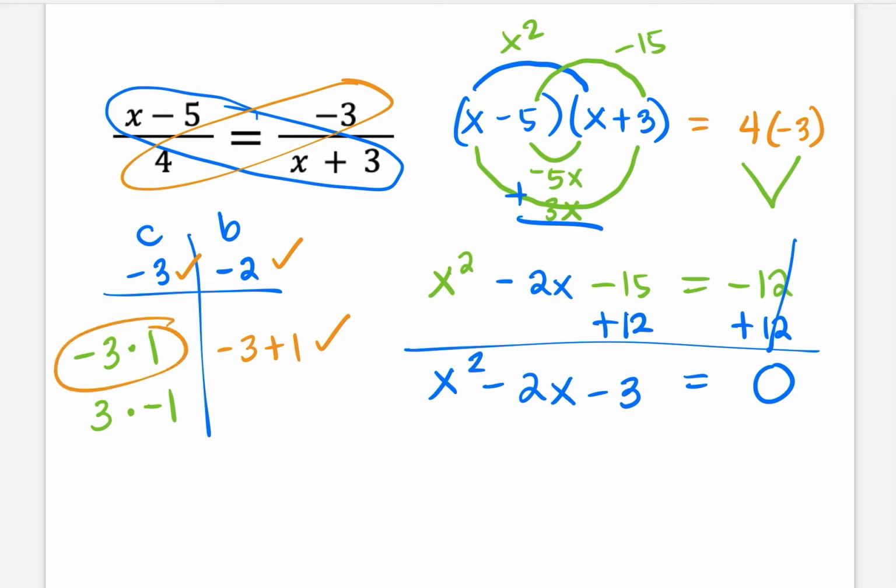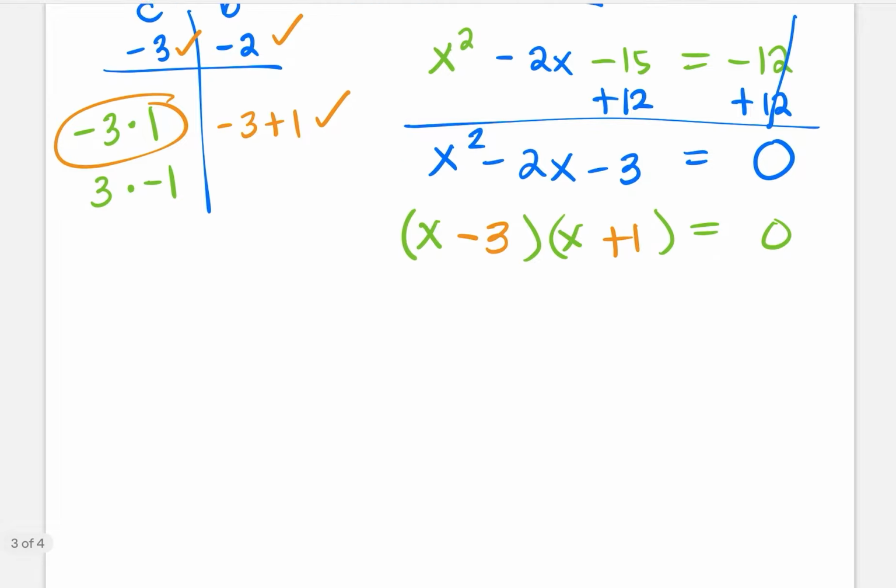So let's set up our equation, write it in the factored form. So that would be x times x, which is x squared, and then we found negative 3 and a positive 1. So isolating the variable, we will have x minus 3 equals 0 and x plus 1 equals 0.